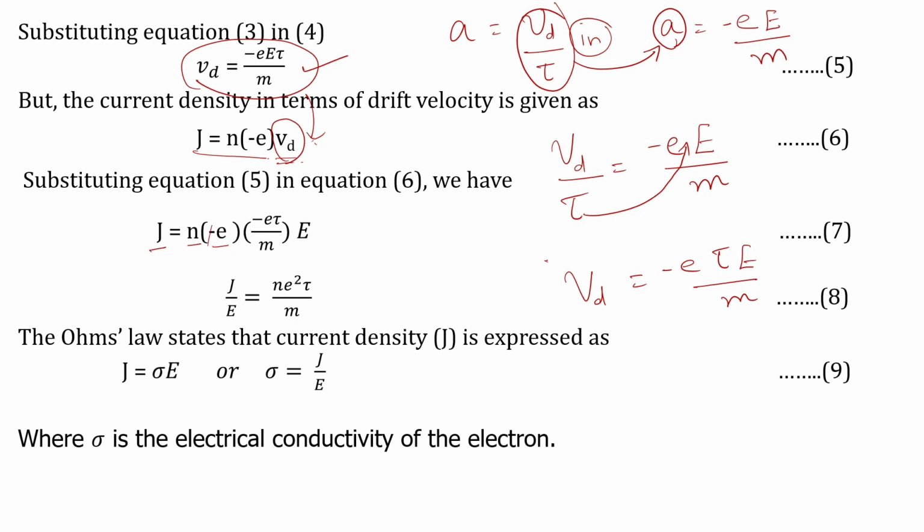Minus into minus becomes plus, and we have n e square tau E by m. Then this E is taken to the denominator of the left hand side. We get J by E is equal to n e square tau by m.